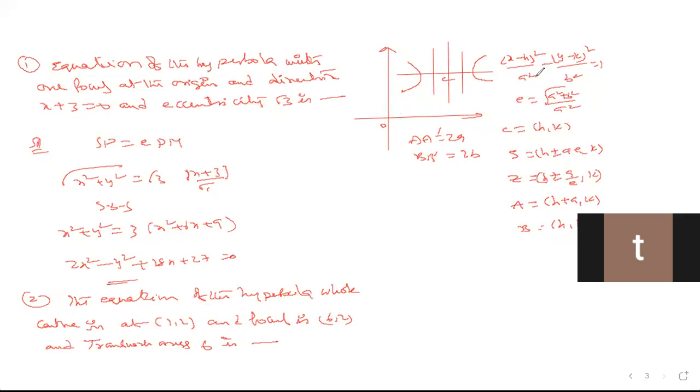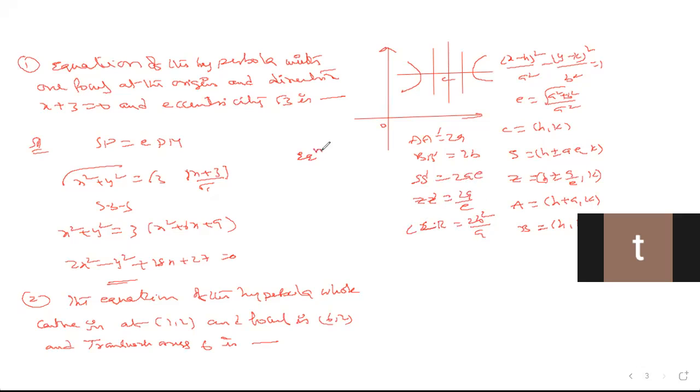This is the standard equation, and the eccentricity, center, foci, foot of directrix, and vertices are given. a' and b' are not going to change. SS' and ZZ' distances are the same, ZZ' is 2a by e. Length of latus rectum is 2b square by a.